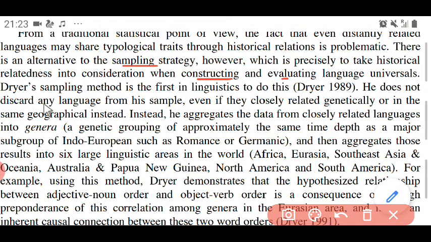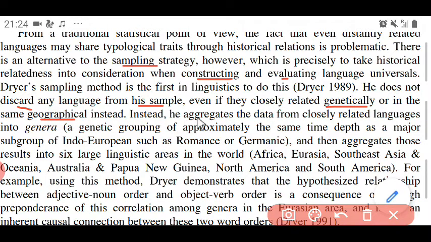He does not discard any language from his sample, even if they are closely related genetically or in the same geographical area.